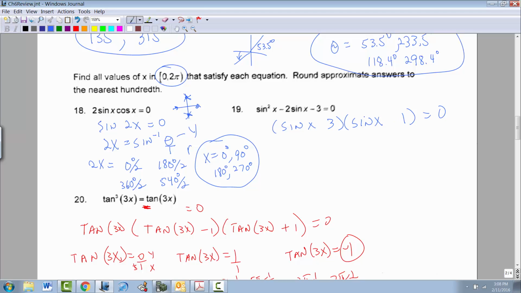And then 3 sine x and 1 sine x, minus 3 plus 1. Good. All right, so sine of x equals 3. Sine of x equals negative 1 over 1.